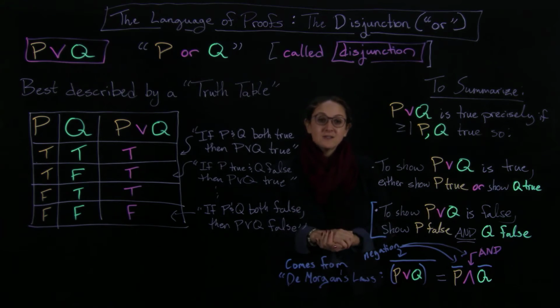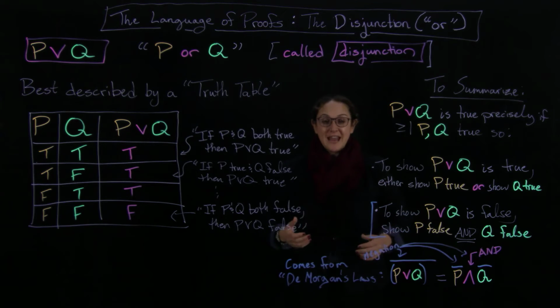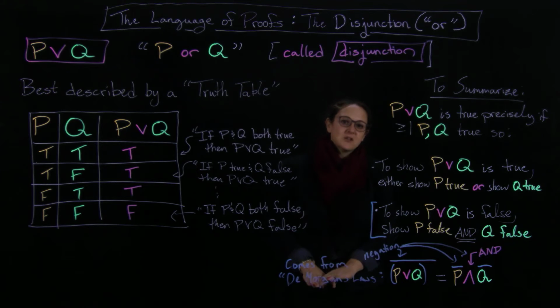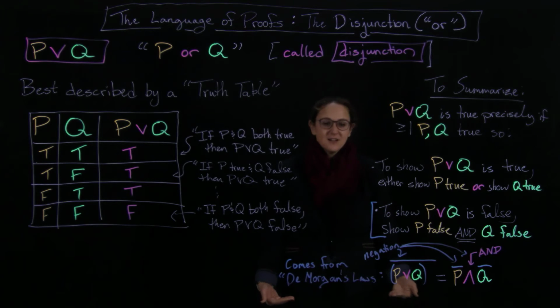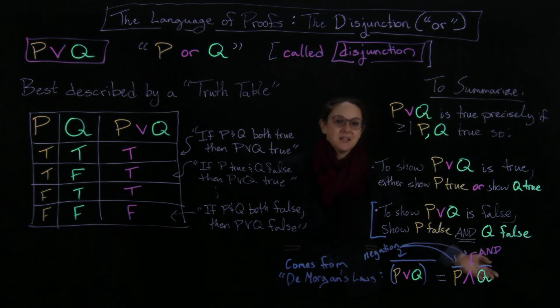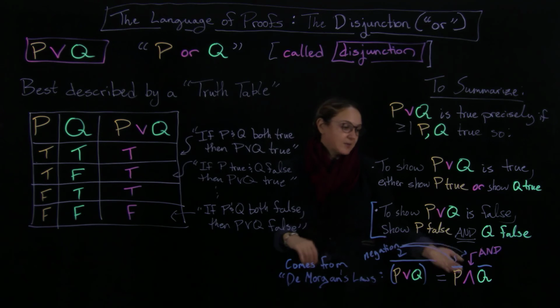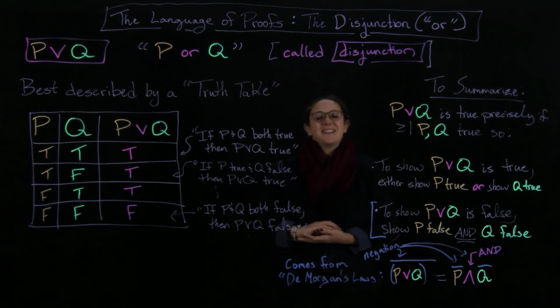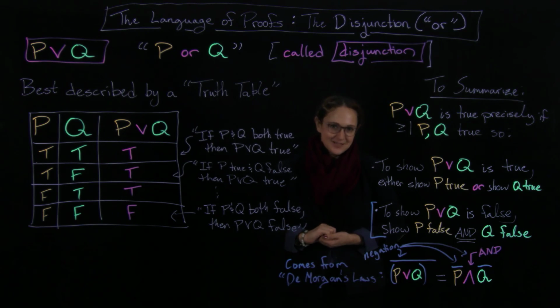To show that it's false, you have to show that P is false and Q is false, which is one of De Morgan's laws: to negate the statement P or Q, you take the negation of P and the negation of Q. We'll talk about the and symbol more in the next lecture. I hope this was helpful and made some sense, and I will see you in the next lecture.